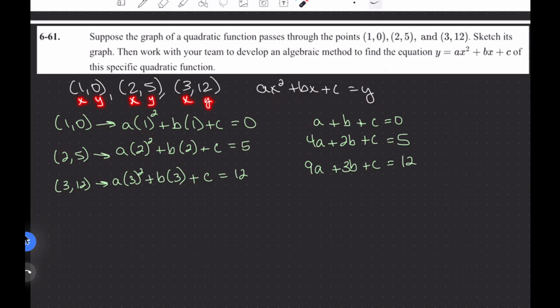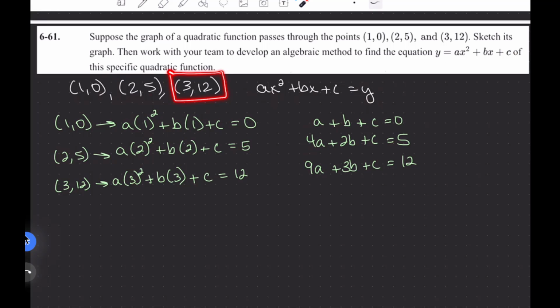So then if I looked at the second point, I'm taking that second point and putting it into that equation. Right? So all of my x's are now going to be a 2, and my y is going to be a 5, right? Oh, okay. Does that make sense? Yeah. On this one, all of my x's are going to become 3, and all of my y's are going to become a 12.